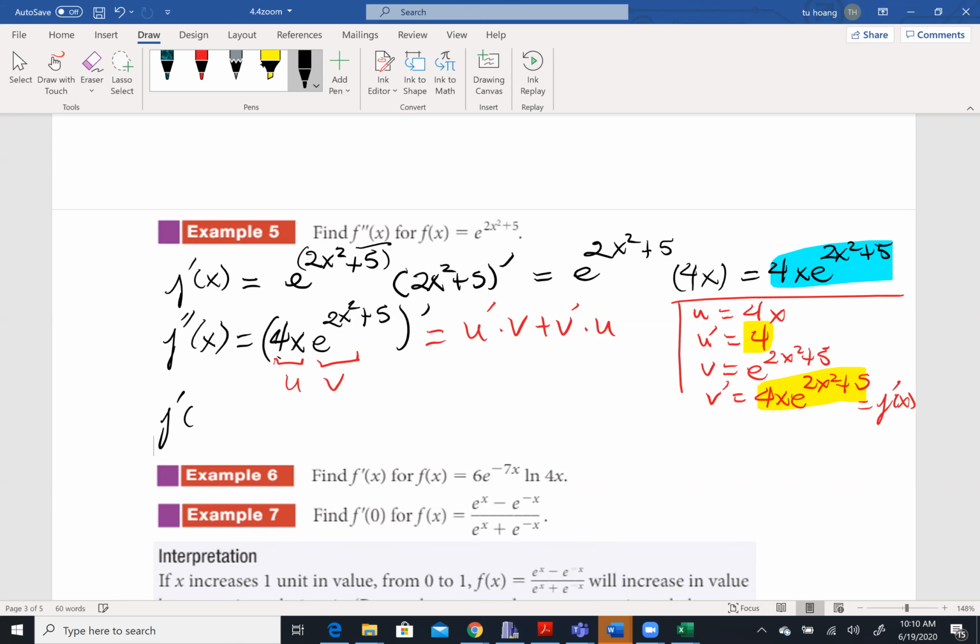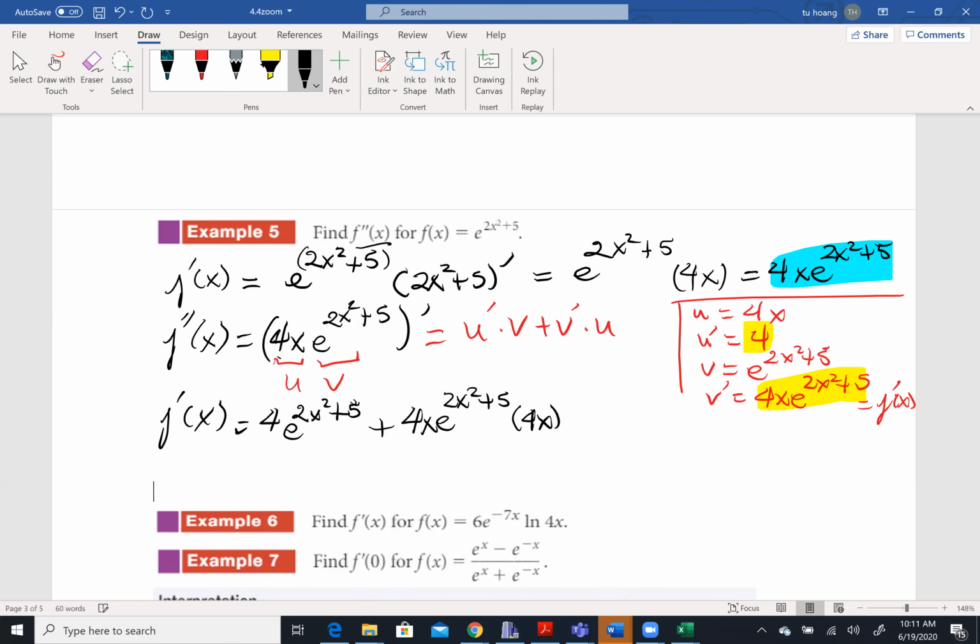I have the second derivative of x will be what? u prime is 4, times v, e to the 2x squared plus 5, plus v prime, which is 4x e to the 2x squared plus 5, times u, which is 4x. Okay, oh, I need to have the double prime.